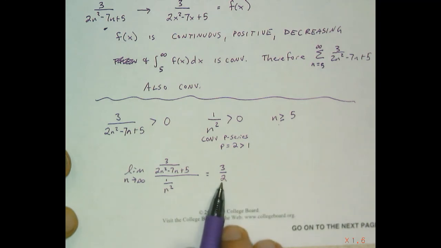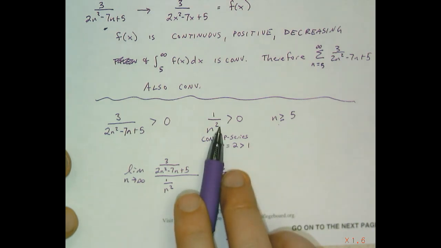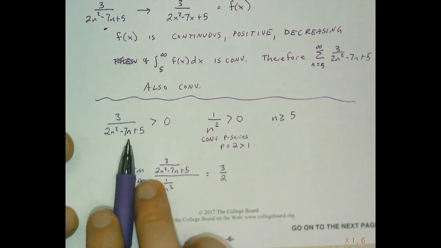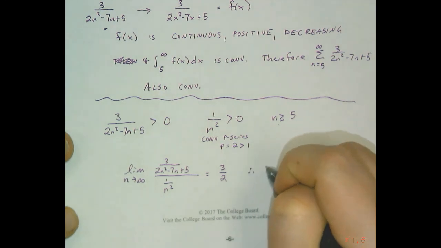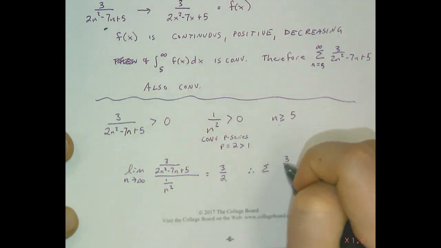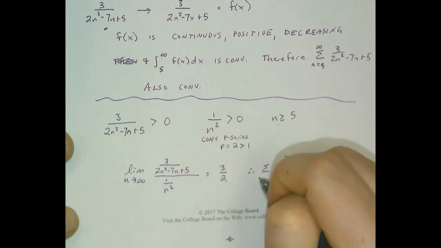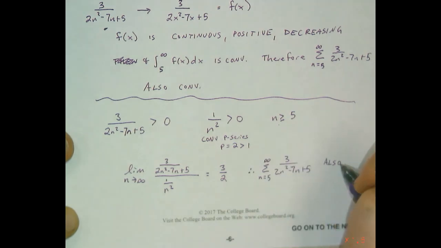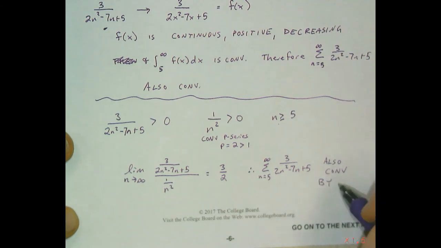So because this is positive and finite, and we know that this converges, then by the limit comparison test, the series for this expression also converges. So therefore, 3 over 2n squared minus 7n plus 5 also converges by the limit comparison test.